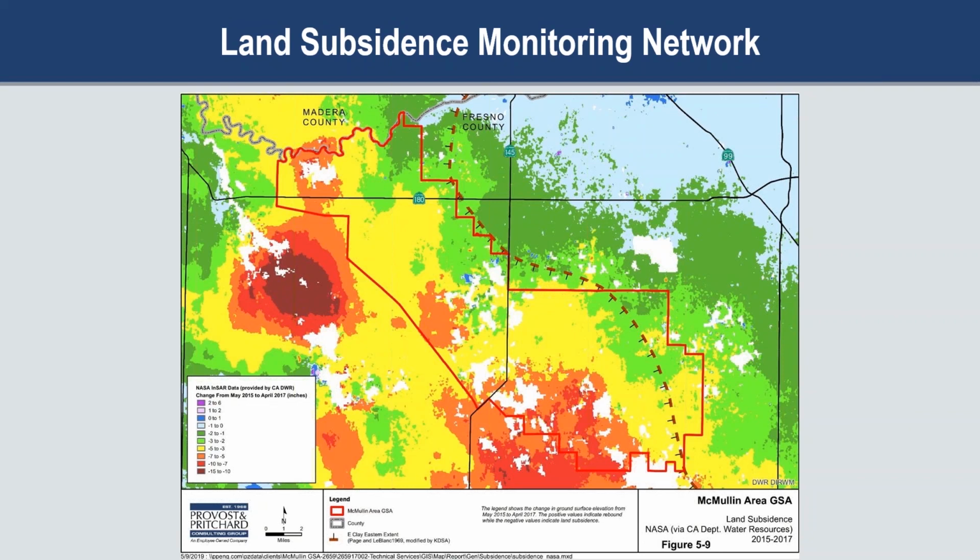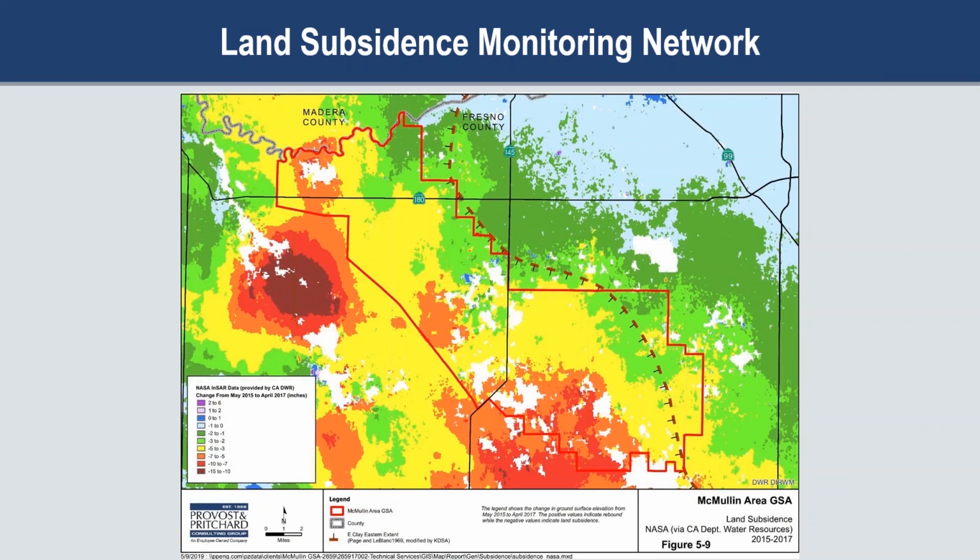So west of that, there's Corcoran clay, and there's 2 main, I'll say, hotspots for land subsidence. The first one is in the Tranquility area, where you see that dark red/brown color, and the second is along the southwestern boundary between McMullen and North Fort Kings.